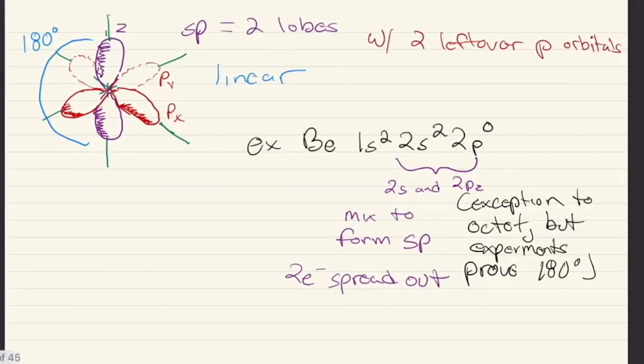Last but not least is sp. So sp hybridization, shown here, will only have two lobes. One s and one p orbital will hybridize together to create two electron domains, or two hybridized orbitals.